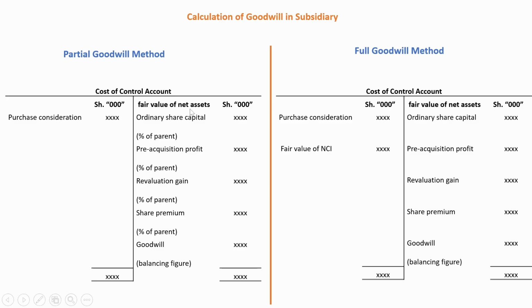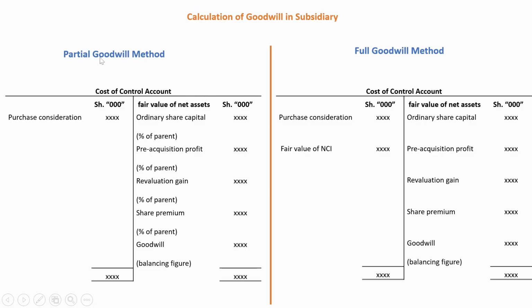So the net assets here refers to items classified as equity and reserves. Equity and reserves is made up of ordinary share capital, pre-acquisition profit, revaluation gain, share premium. Anything that is classified as equity and reserves should be shown here as at the date of acquisition.